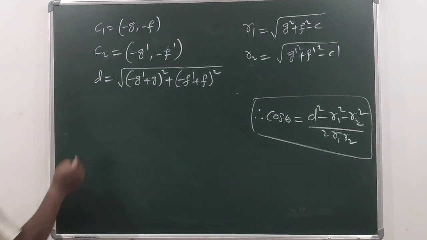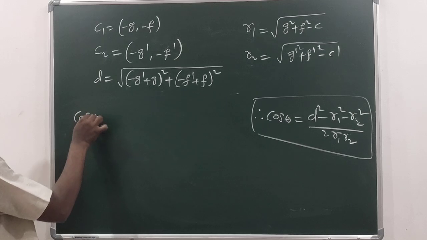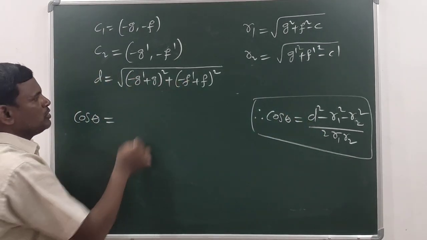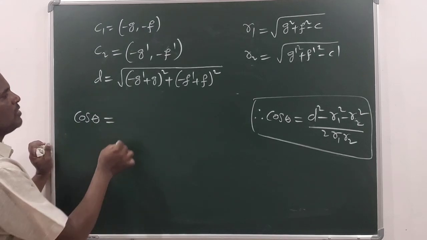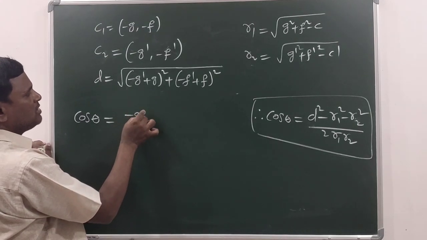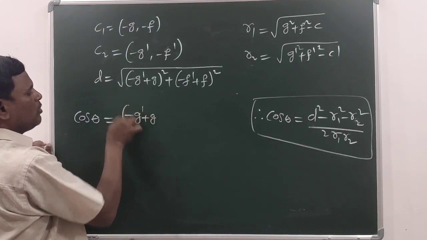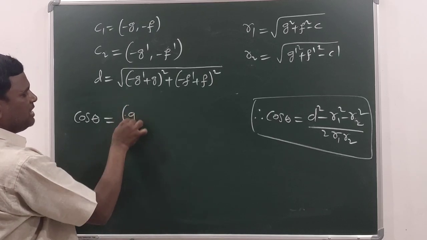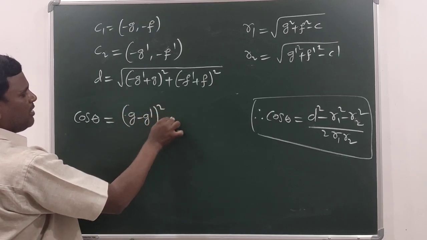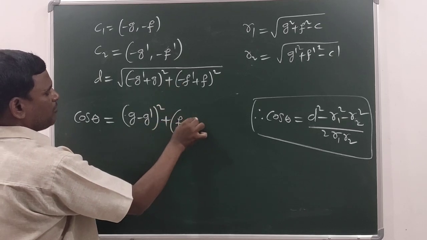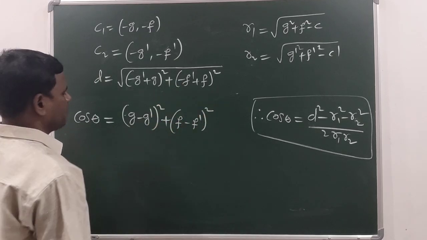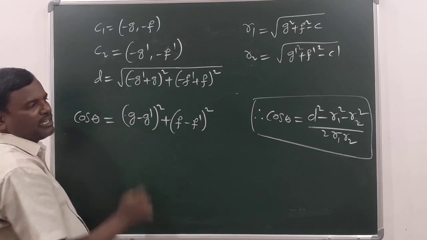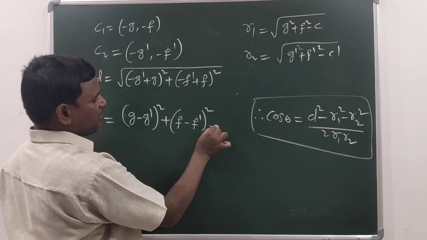See here, cos theta is equal to d square. Now square on both sides. So what do you get? Minus g dash plus g, or otherwise write it like this, g minus g dash whole square plus f minus f dash whole square. That is d square, taking the square on both sides, and write here minus r1 square.